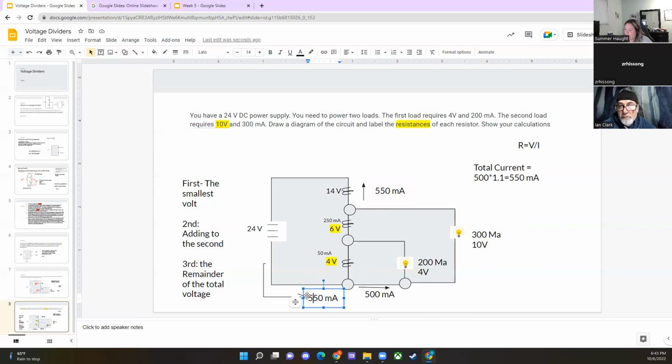The current at the beginning and the current at the end is always the same. So we know we did this correctly because the current starting off of this battery is 550. Of course, it changes as it goes through the circuit, but in the end, it adds back up, and the current is the same as it started with, the 550.